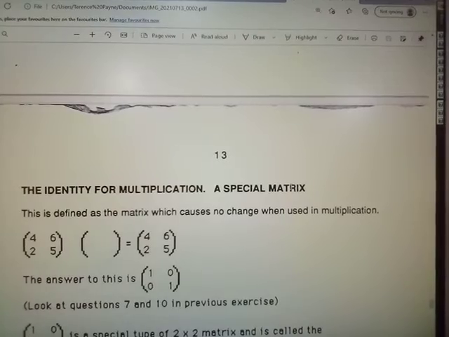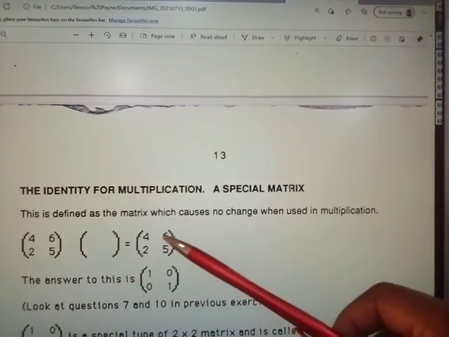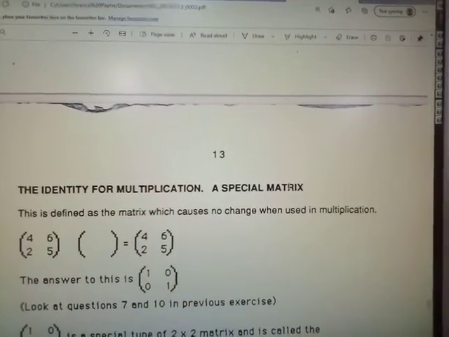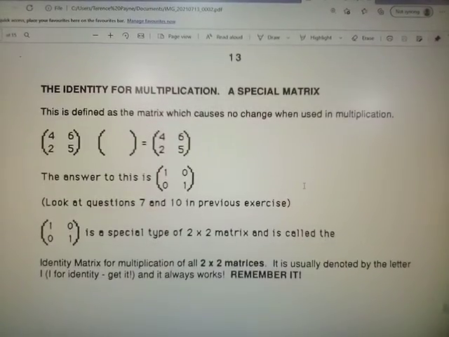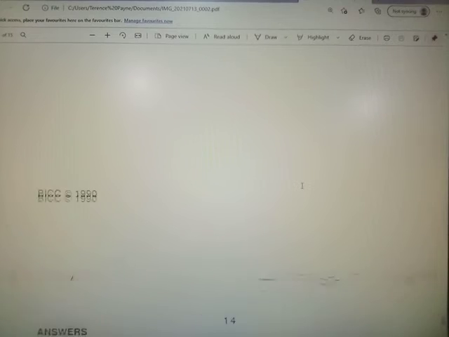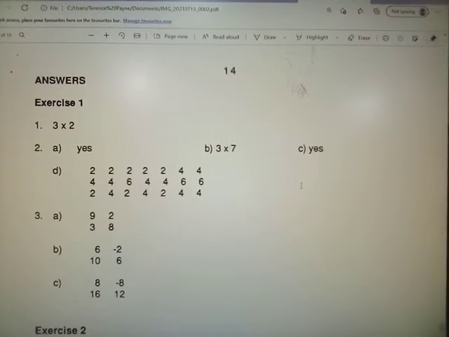So this is your answer here to get that multiplied out to this. And again, look for the working out yourselves. And here are the answers.